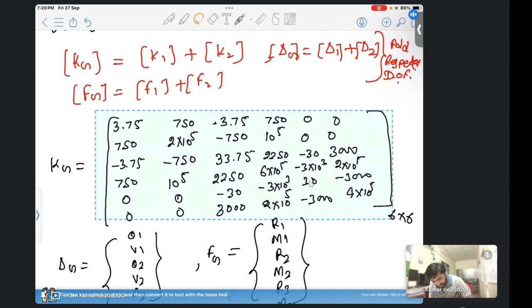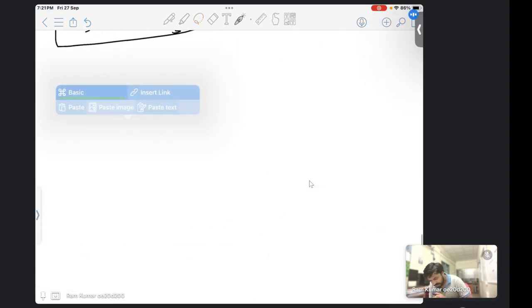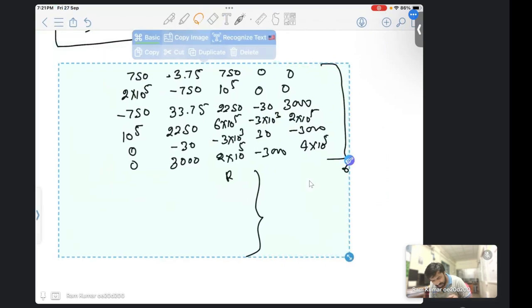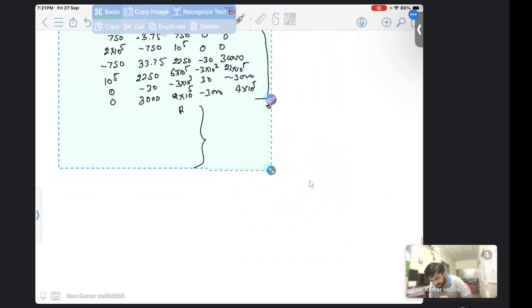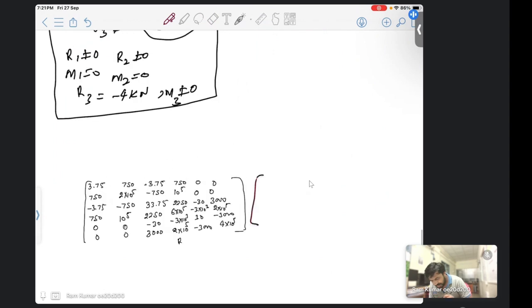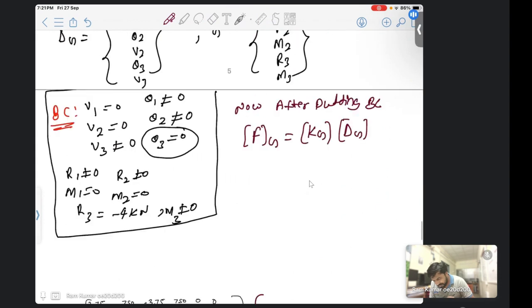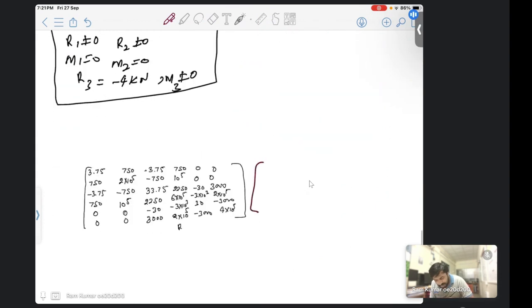This is our F global, copy, and we have to paste here. Okay. This is our stiffness matrix into delta. Delta will be 0. Okay, yeah, 1 minute.